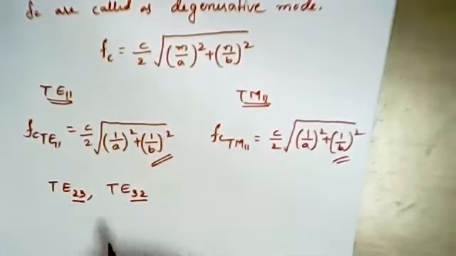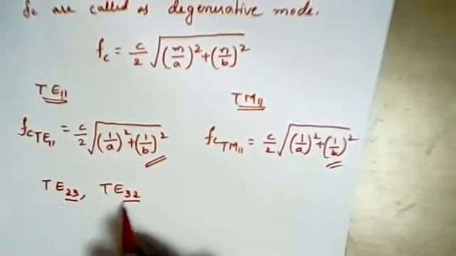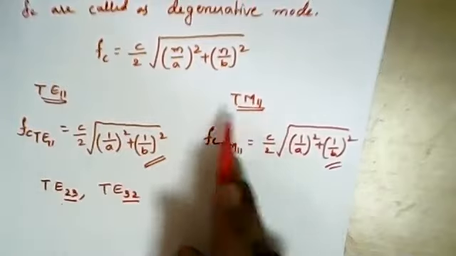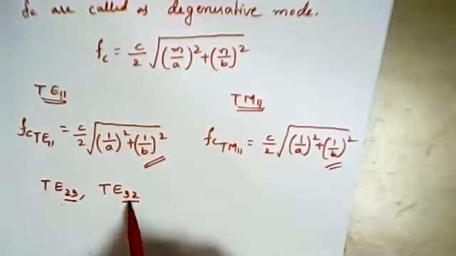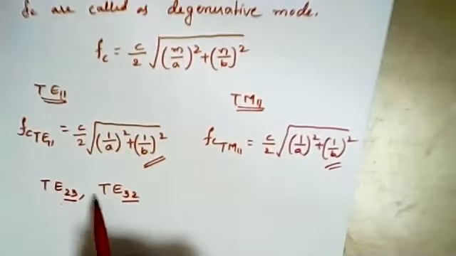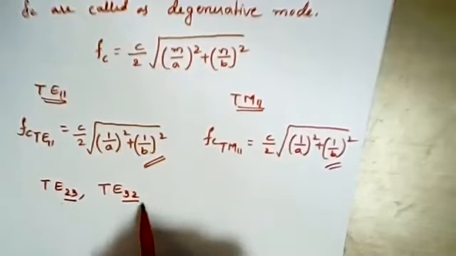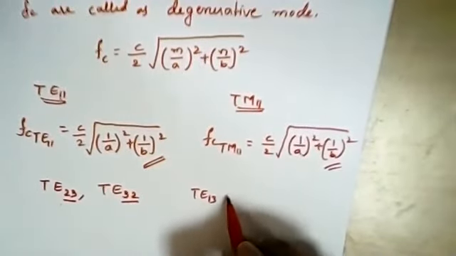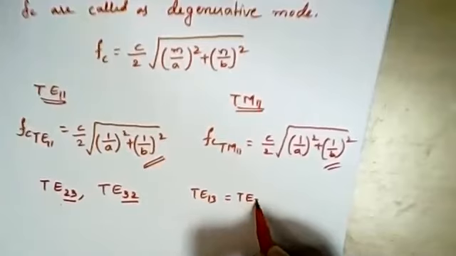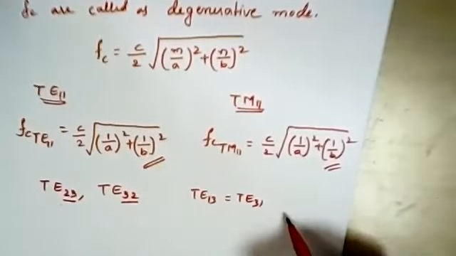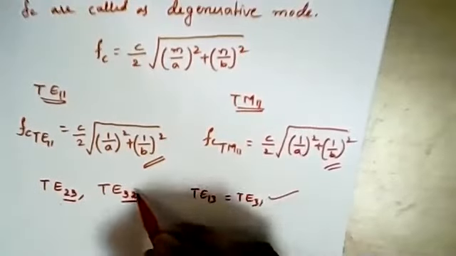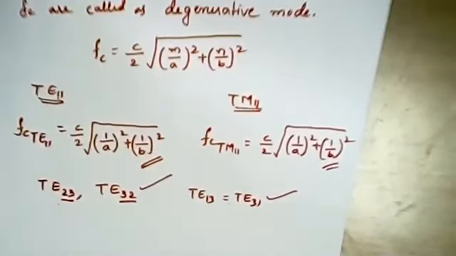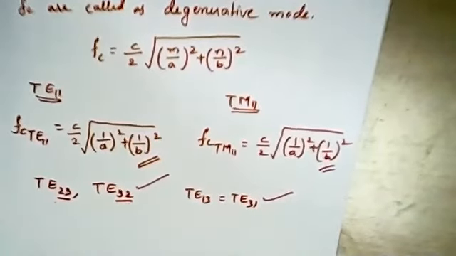Hence, these are said to be degenerative modes. Similarly, TE13 is equal to TE31. In case of TM also, it is the same. Such combinations of modes are said to be degenerative modes.